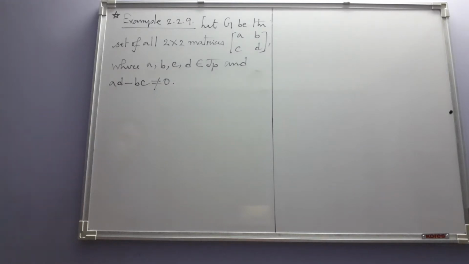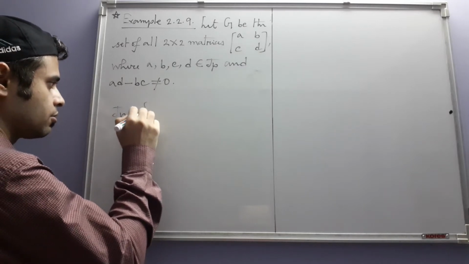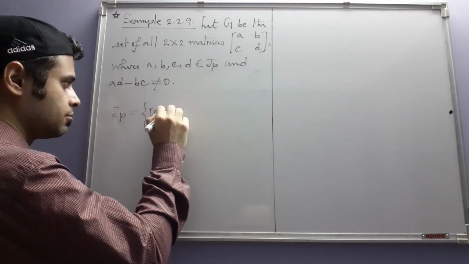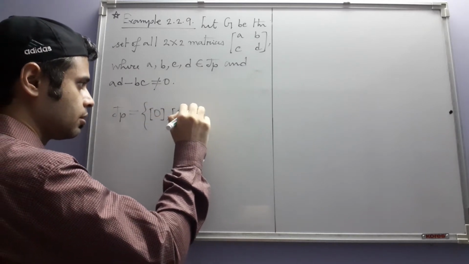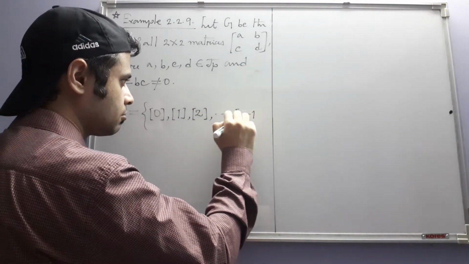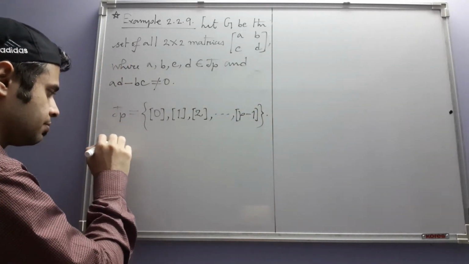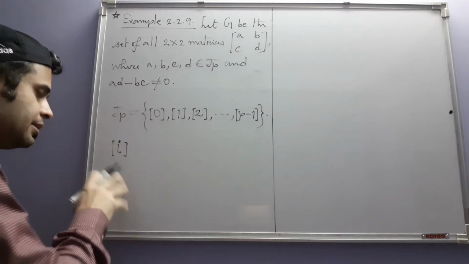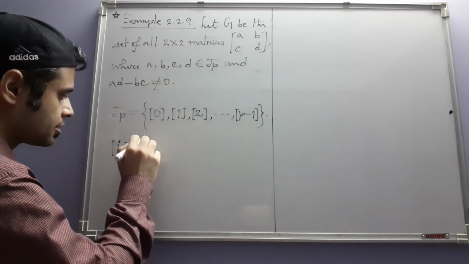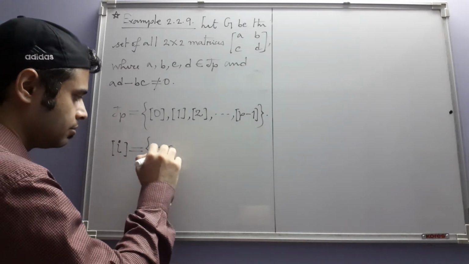If you recall, JP is the set of all congruence classes modulo P, which are elements like this. What do we mean by that? This is the set of all integers, say n.